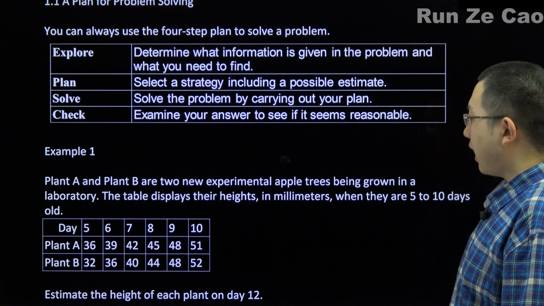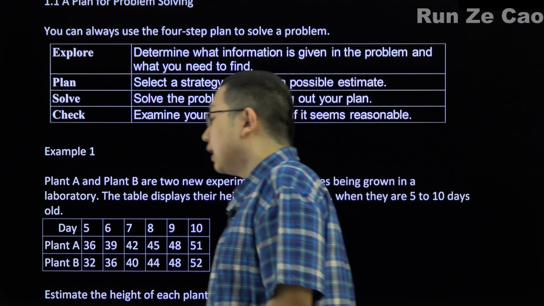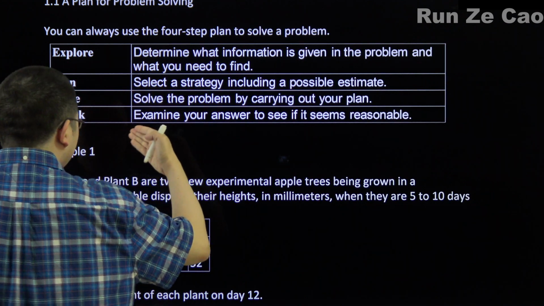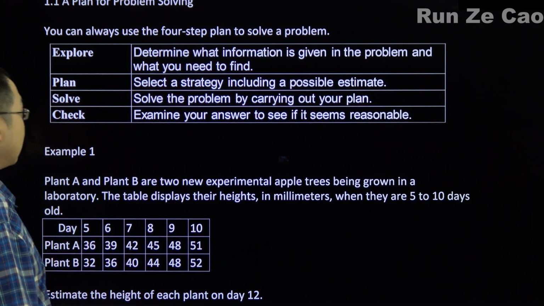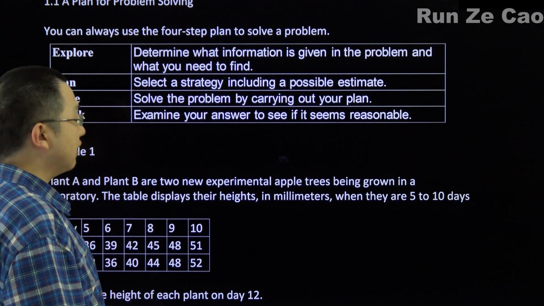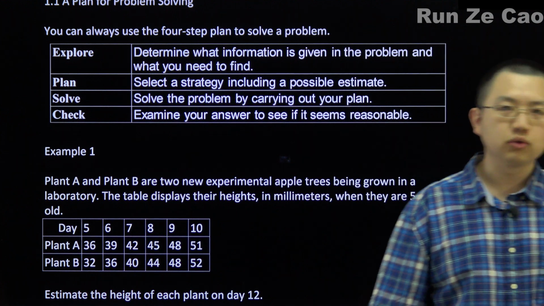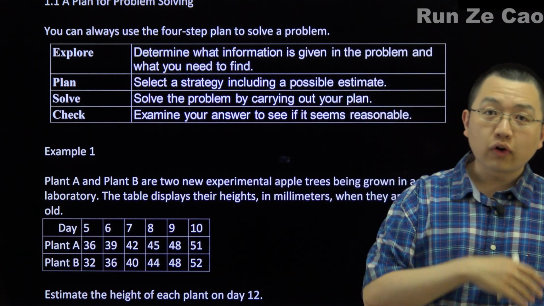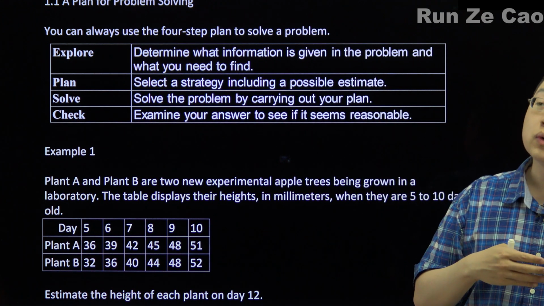You select a strategy, maybe make an estimate. You solve the problem by doing what you plan to do, and then you check to see if your answer seems reasonable, or you work backwards and basically just do the problem in reverse and see if you get what you begin with.